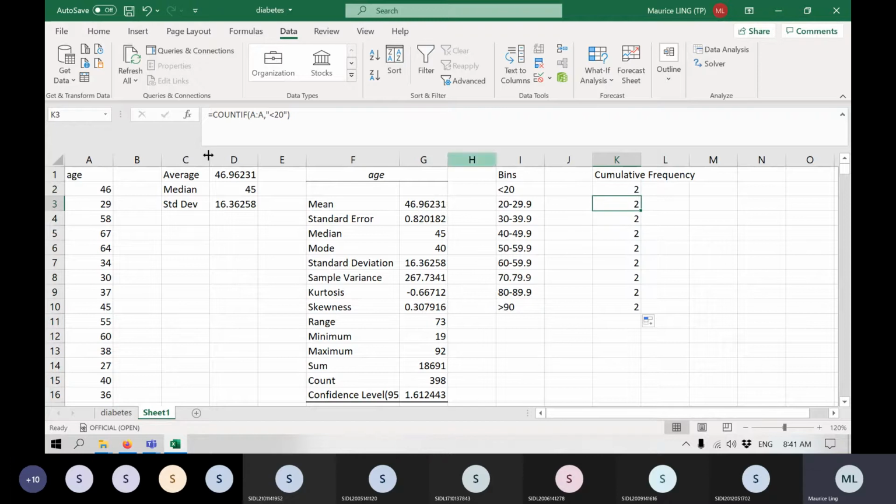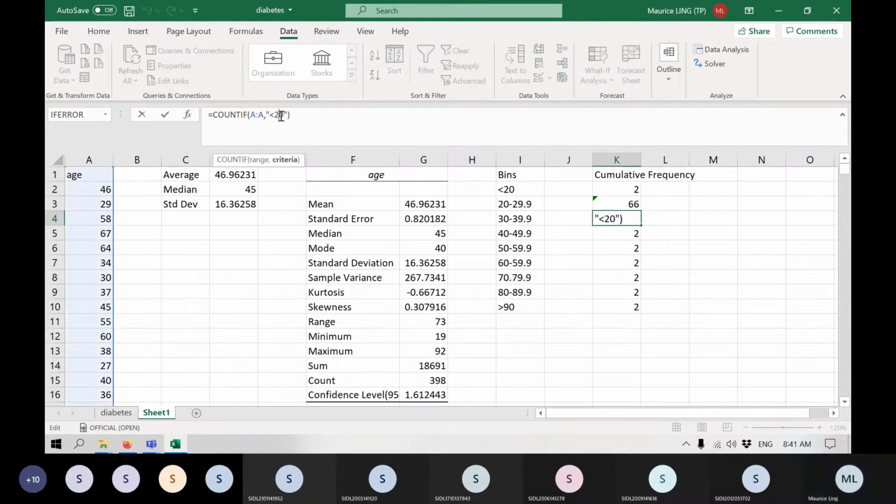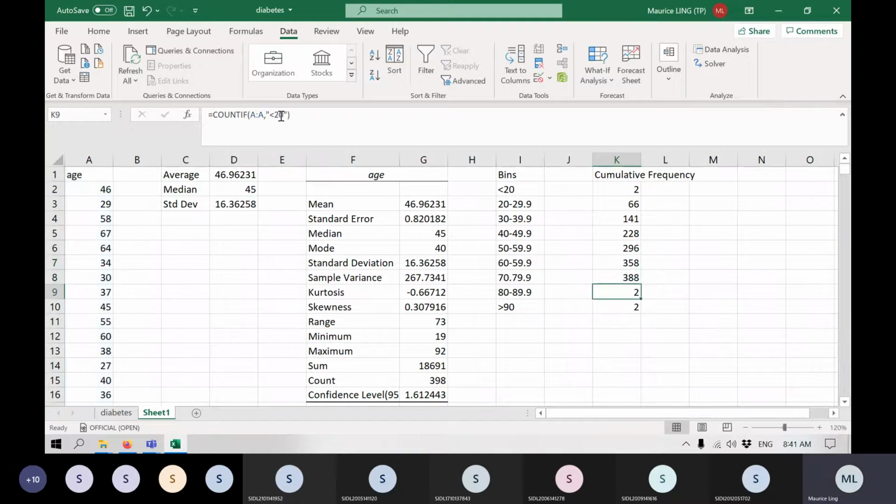So it's less than 20, here I put less than 30, less than 40, less than 50, less than 70, less than 80, and less than 90. Since the maximum is in the 90s, I've just put less than 100. So this cumulative frequency means that I can use it to calculate my frequency.